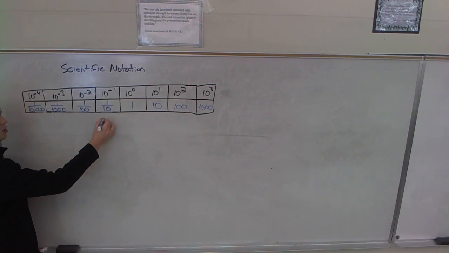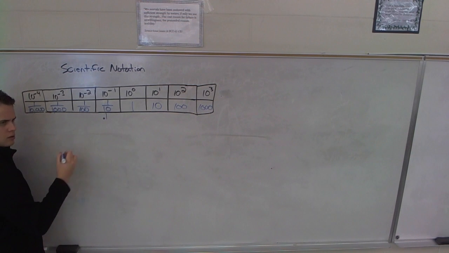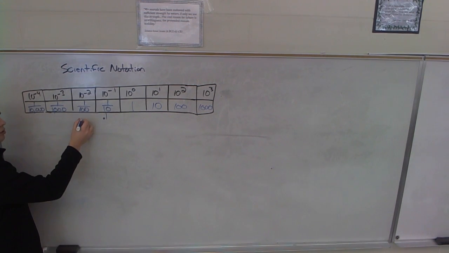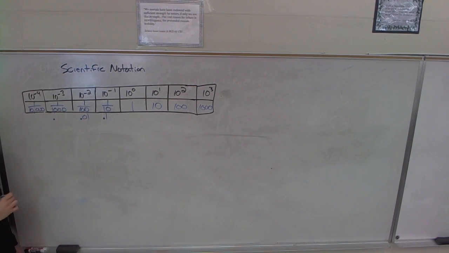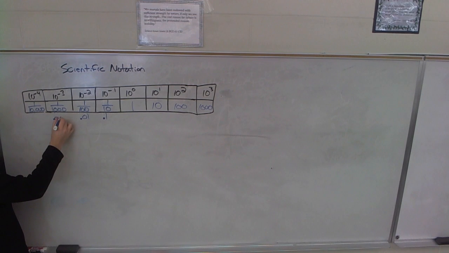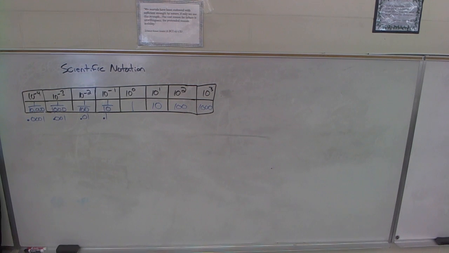Powers of 10 lets you write 1/10 as what? 0.1? And 1/100th as 0.01? And 1/1000th as 2 zeros and a 1, and 1/10,000th as 3 zeros and a 1. So I think looking at these simple examples should give us some insight into how to use scientific notation.